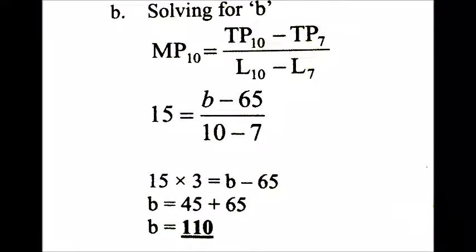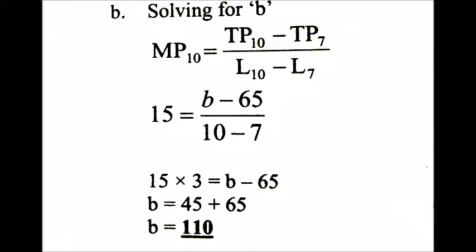So 15 equals B minus 65 divided by 3. Then you find the LCM. LCM will be 3. Multiply through by 3. So 15 times 3 equals B minus 65 divided by 3 times 3. So the 3 will cancel the 3. So we now have 15 times 3 equals B minus 65.